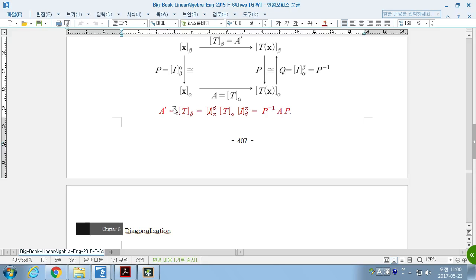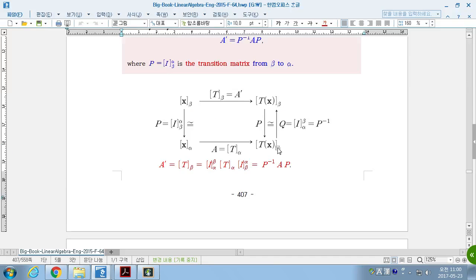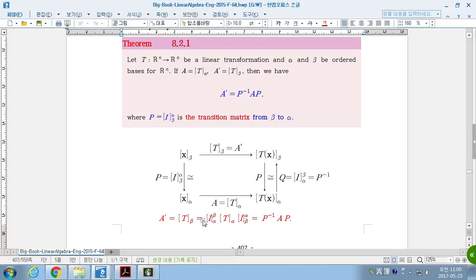So eventually, these two linear transformations are the same. So their matrix representations should be the same, which means A prime is the same as this matrix P inverse AP. Then what is the relationship between these two matrices?